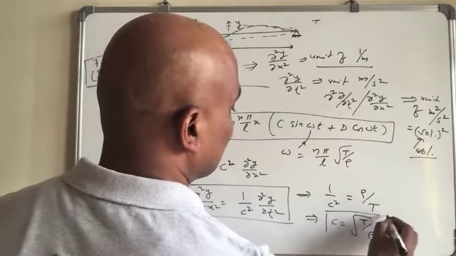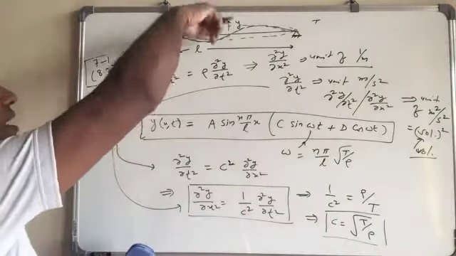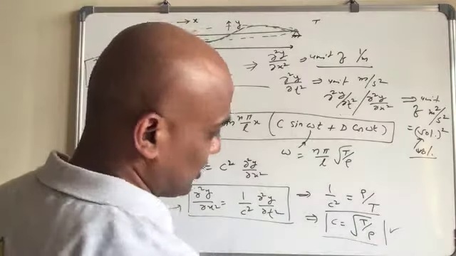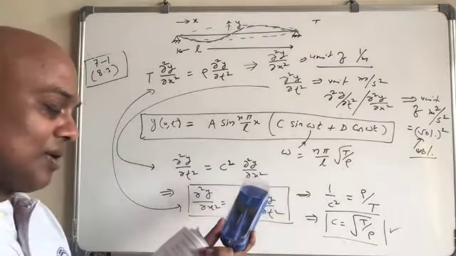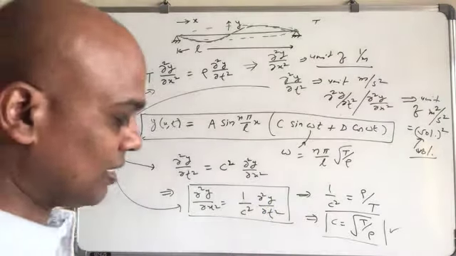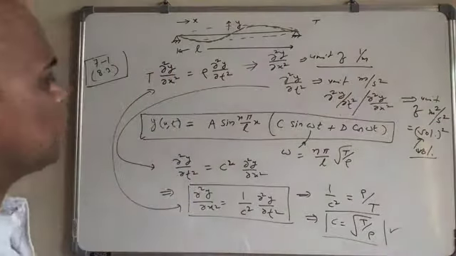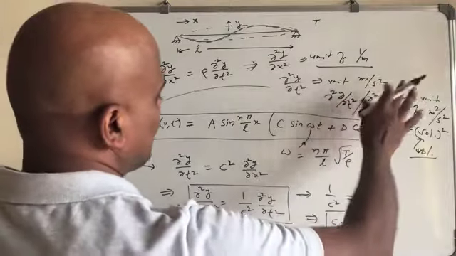This is the velocity of the wave, which will be equal to root T over rho. And you put the value of T and rho, which are given, and you get the velocity.